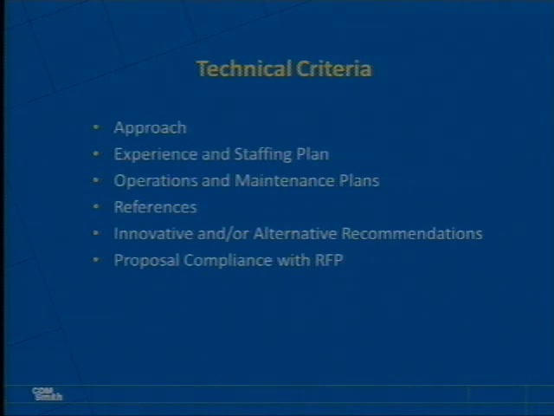They'll be developing operations and maintenance plans. The operations plan we've requested is an approach to meeting the compliance requirements and providing the services as required in the RFP. The maintenance plan is their approach to maintaining and protecting your assets and extending the life of your assets through the service period.